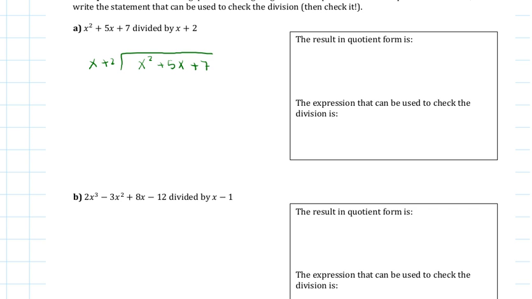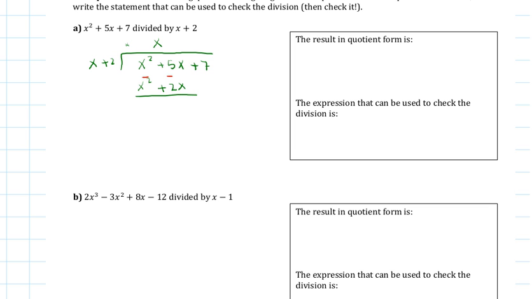So when I divide x squared by x, that's going to give me x. x times x gives me x squared, x times 2 is plus 2x, and remember that I am subtracting here.